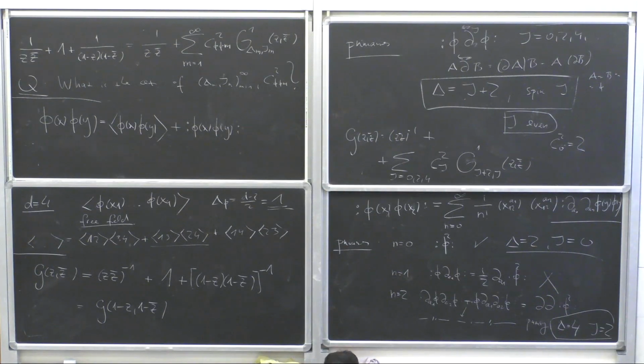So we can put some unknown number, which is the c squared of the operator of spin 2, which has dimension 4 and spin 2, and this tells us that the c squared needs to be 1/3.